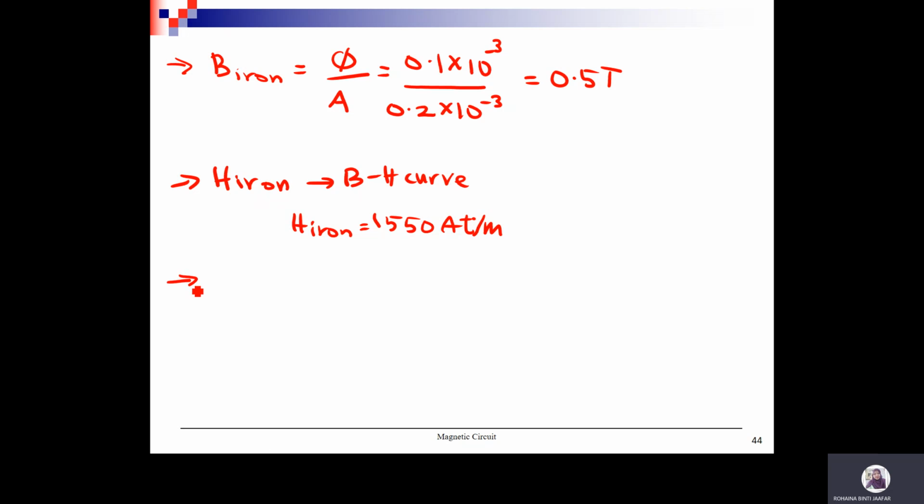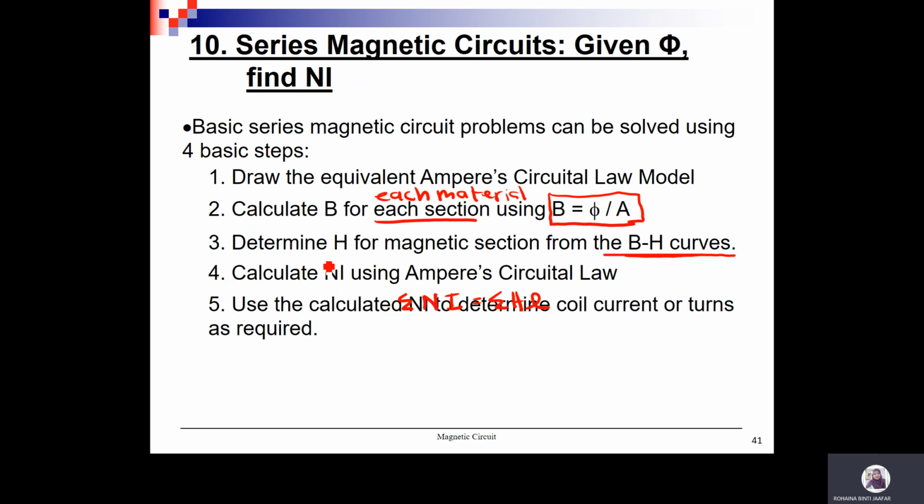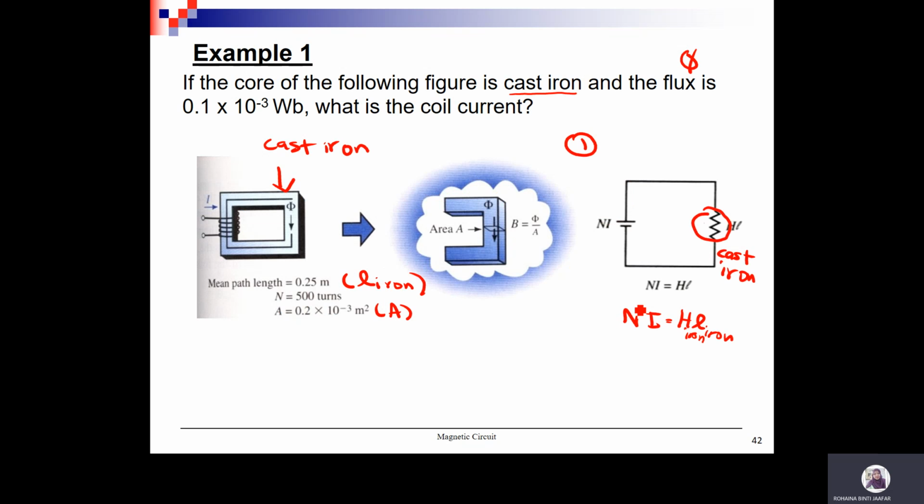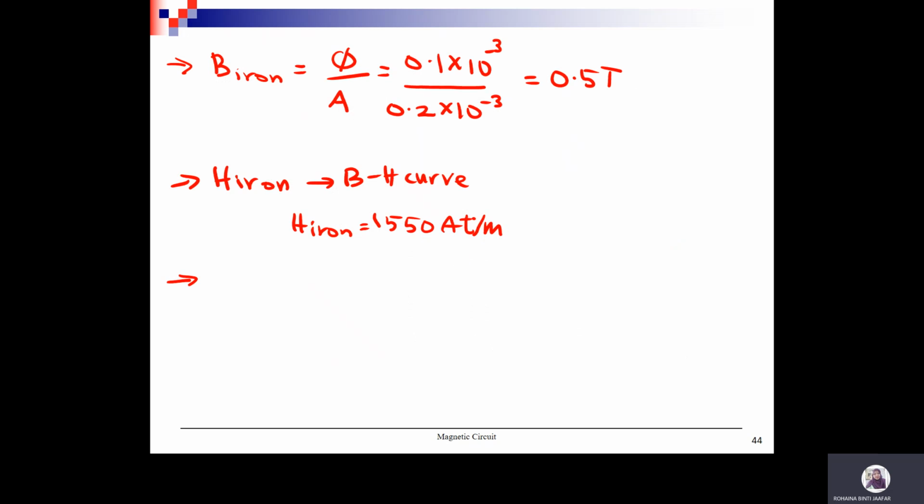Okay, next step. This one you already done, and then calculate I using Ampere second law. This is your Ampere second law: N I equal to H iron L iron. Therefore I equal to H iron L iron over N, where N is your number of turns. You already have all the information.